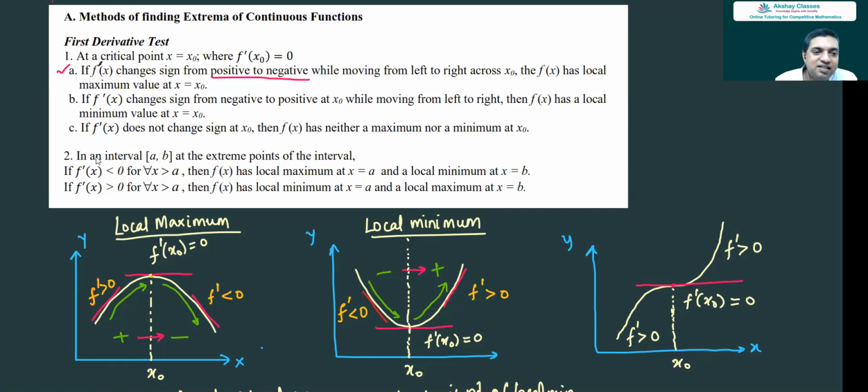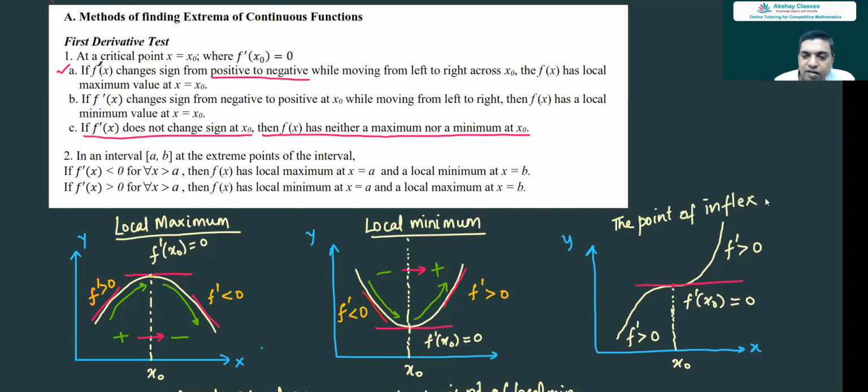Then f has neither a maximum nor a minimum at x naught. In fact, this is the point of inflection. It doesn't have either a maximum or a minimum, even when the derivative is 0.